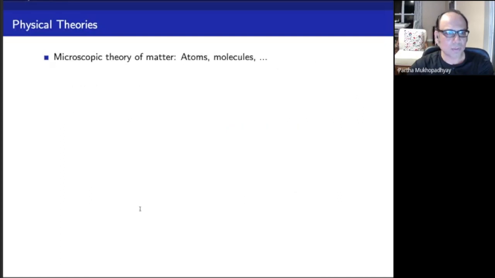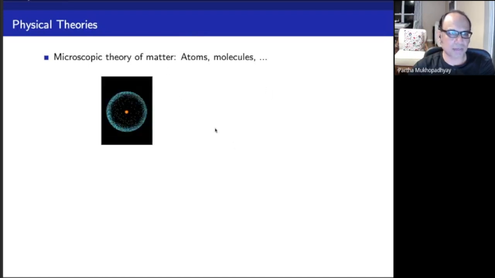Now let us go into this microscopic length. There you find atoms and molecules. Now this is again a mechanical system, but of a different sort. So here's a picture of a hydrogen atom where you have a proton at the center and an electron moving around it. But you see this picture is very different from, for example, the Earth-Sun system, where you draw a trajectory for the Earth.